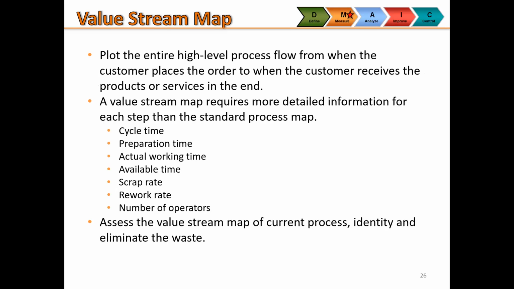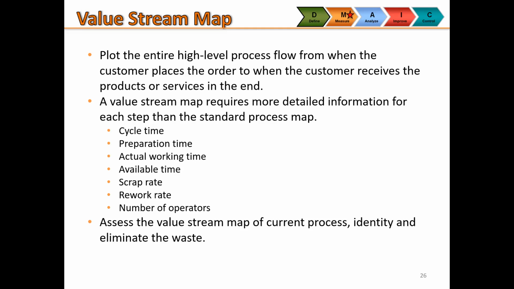So we put the entire high-level process flow from when the customer places the order to when the customer receives the products or services in the end. A value stream map requires a lot more detailed information than a standard process map. The way I like to do maps is a clipboard, a stopwatch or my phone, and a pencil.